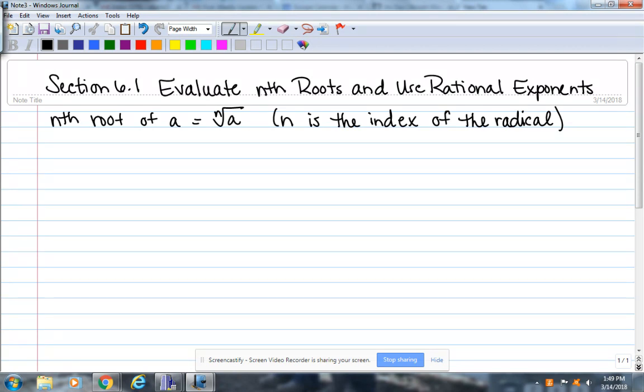So let's just talk about some roots, some common ones. First, let's talk about a to the 1/2 power. A to the 1/2 power is a square root. A 1/3 power is a cube root. And a 1/4 power is a fourth root.